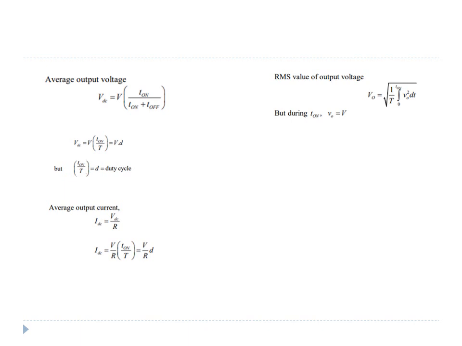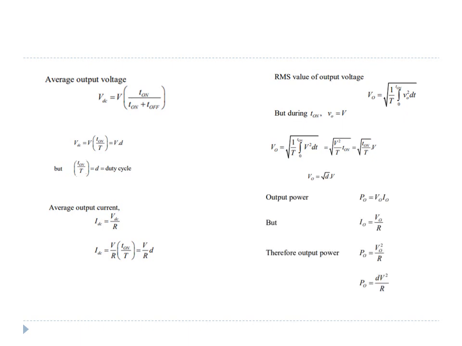The RMS value of output voltage is represented as VO here, and it can be derived using this formula, where for the time period where the waveform is on, that is 0 to T on, we put the value of voltage equal to V. We calculate it as the square root of T on upon T into V. So again, this comes out to be square root of D into V. Let us see what is the output power here.